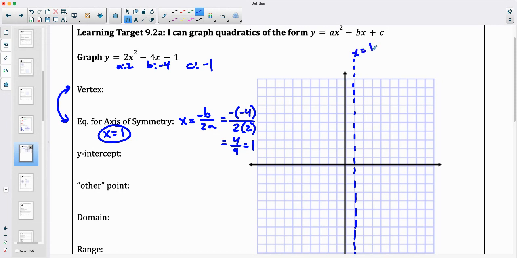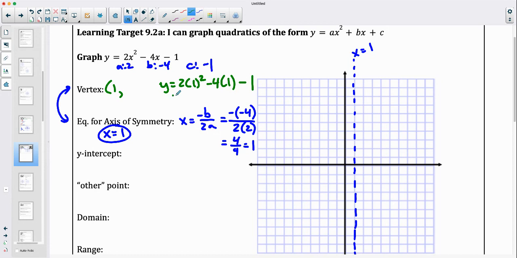Okay. What we do with that is then we look for the vertex. We plug 1 into the equation. Oops, I'm sorry. Let me do it this way. So the vertex is going to be whatever we just got, which is 1, comma, whatever we get when we plug 1 in. So we're going to plug in y equals 2 times 1 squared minus 4 times 1 minus 1.